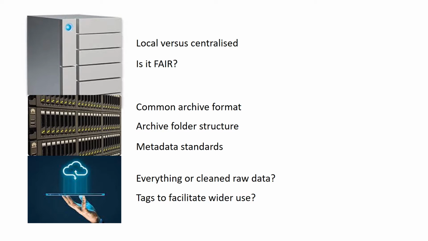So even simple things like using time with a capital T as opposed to time with a small t as your column headings in your metadata files. These sorts of things we have no standards for at the moment. And this makes it really difficult to then automate processes of data archiving. Our data are not currently machine readable, I would argue.